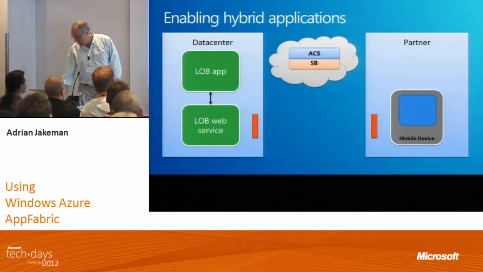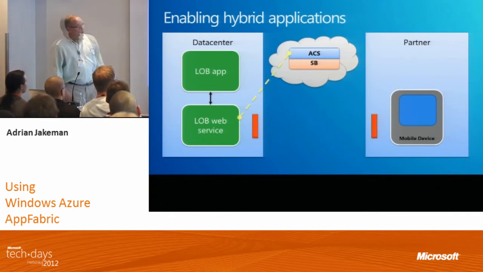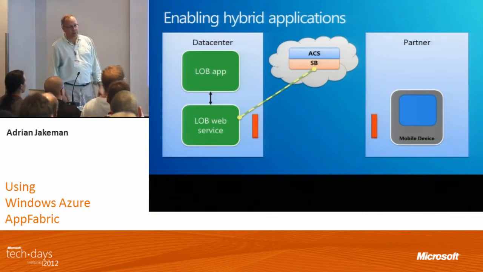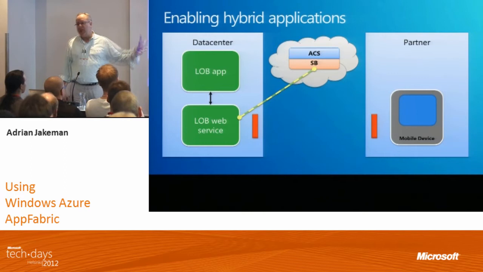But it might be that my service, perhaps running on-premise, opens up and talks to the Access Control Service and defines a set of rules for authorization. It then opens up a connection to the service bus and exposes connectivity to the service via the service bus. I'll show you how we do all of this.